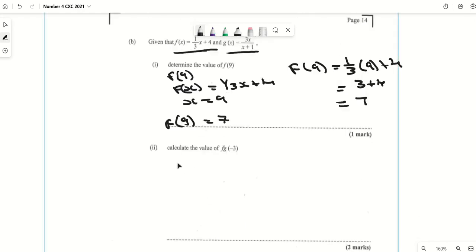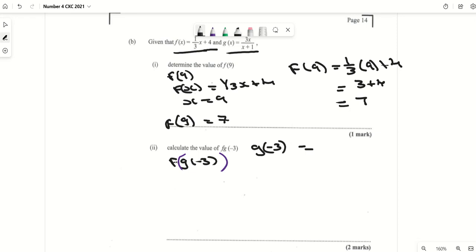So now they're asking you to calculate this here. Remember, if we have two or more equations to get two or more functions together, it is a composite function. So when they said f of g of minus 3, the first thing that you should do is, hey, I need to put my bracket between my two functions there, f and g. We always have to find the brackets first. So let's find g of minus 3 first.